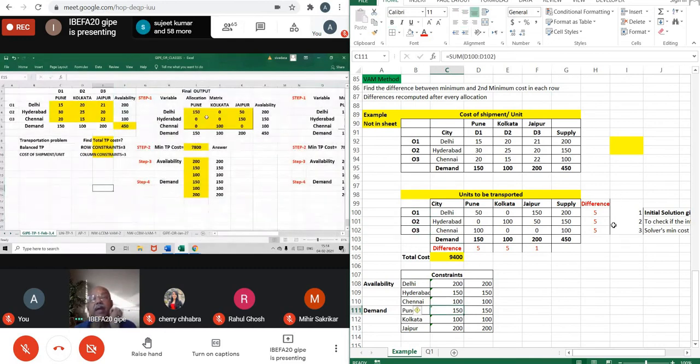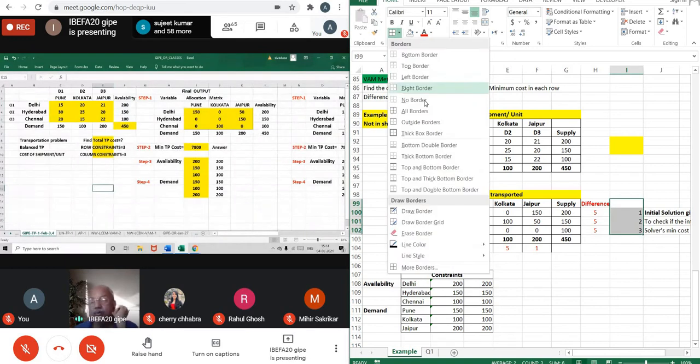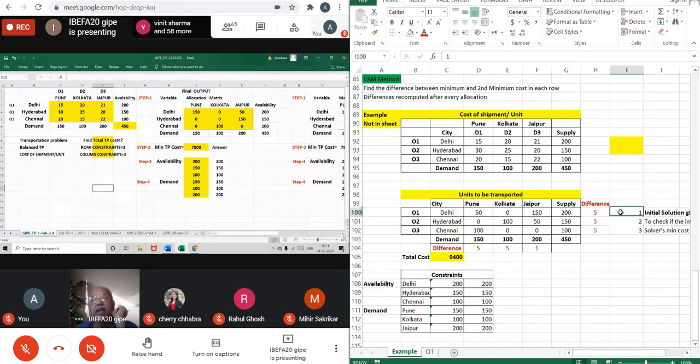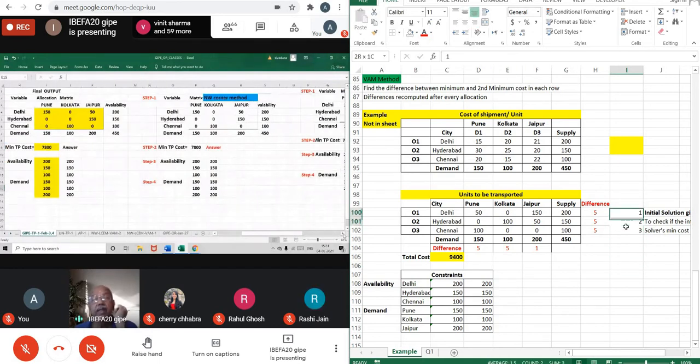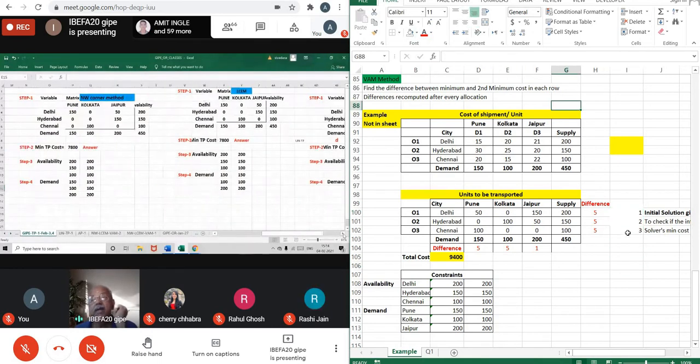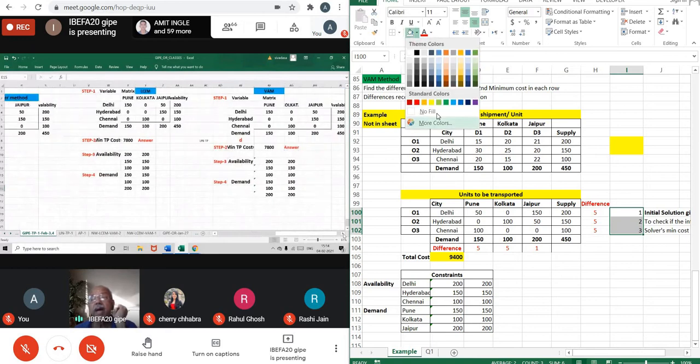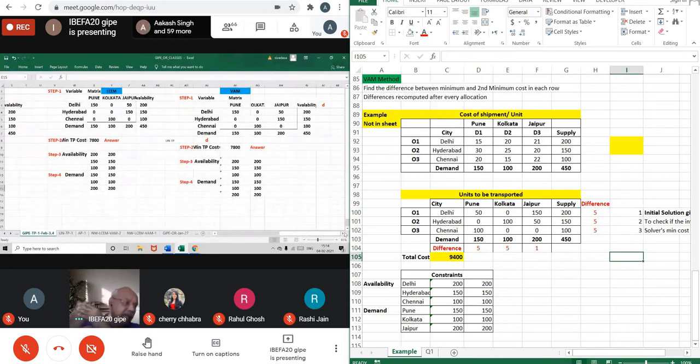Whether without solution, with northwest corner method, with least cost entry method, with VAM, I have here the optimum answer same. That is the conclusion.